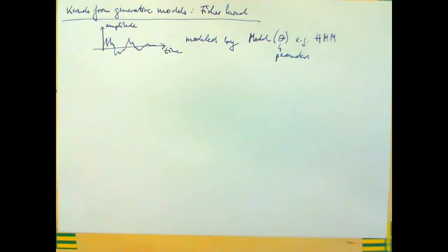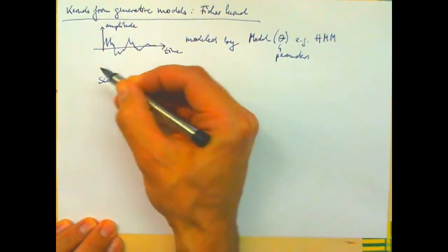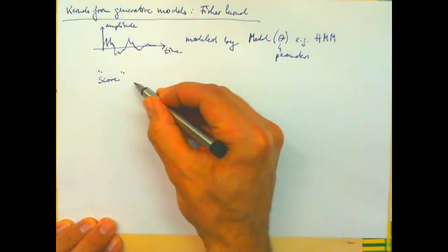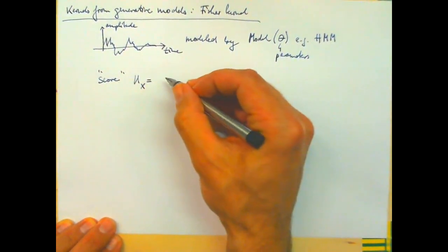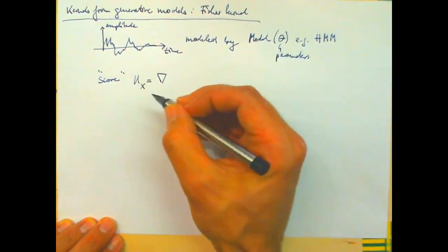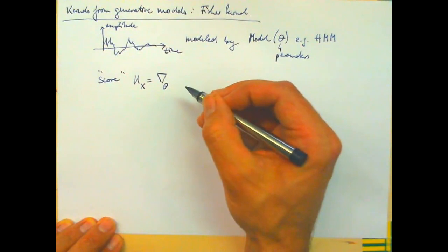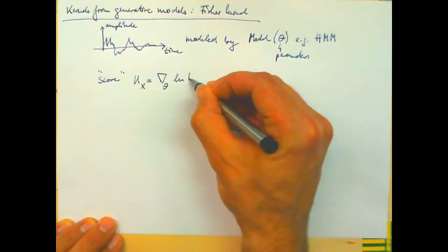Now, one way to construct a kernel is as follows, namely to compute what is called the score of an observation, which is the derivative with respect to all parameters of the likelihood.